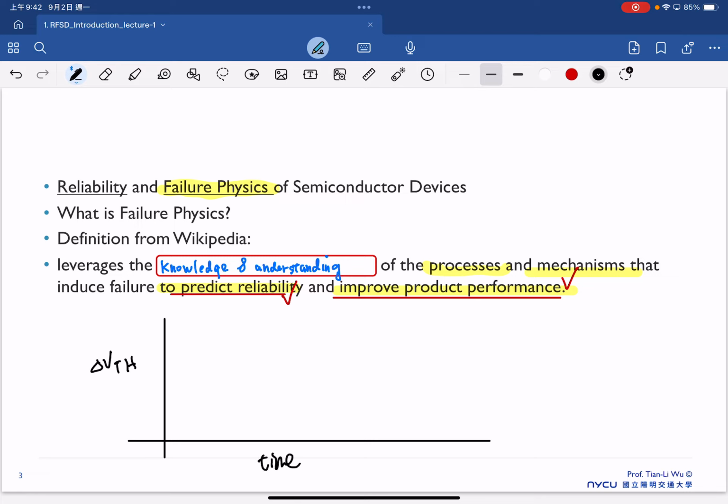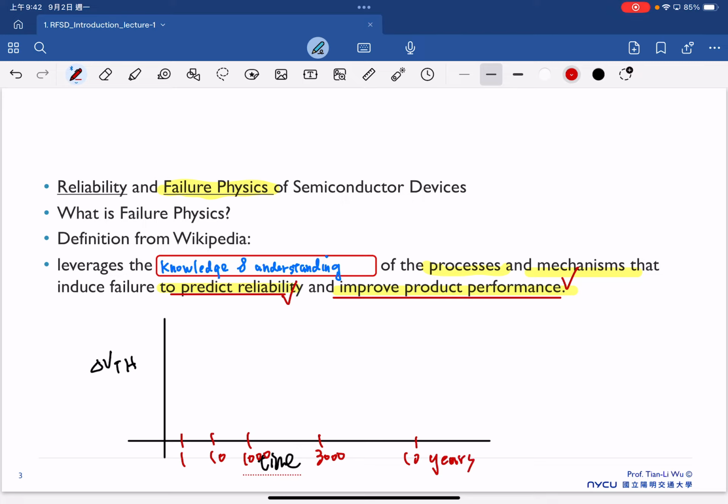And we are actually interested in the time, not only for 1 hour, 10 hours, 1,000 hours, 3,000 hours, but in real practical semiconductor products, we expect the lifetime can be up to 10 years for a certain product, for example, the automotive car.